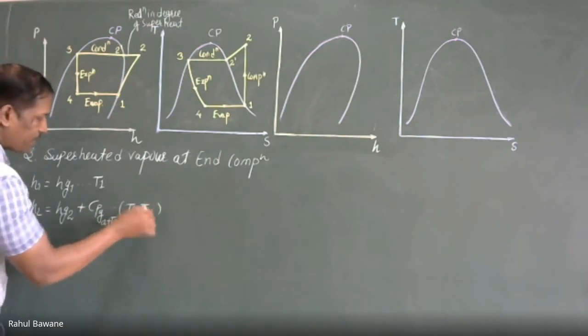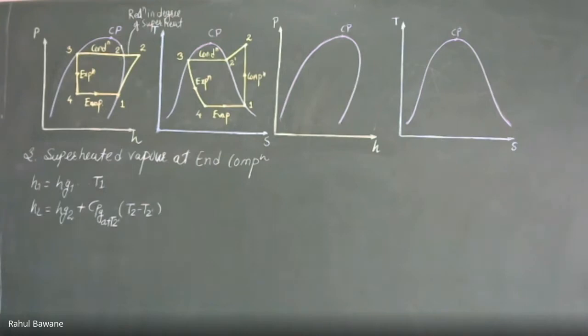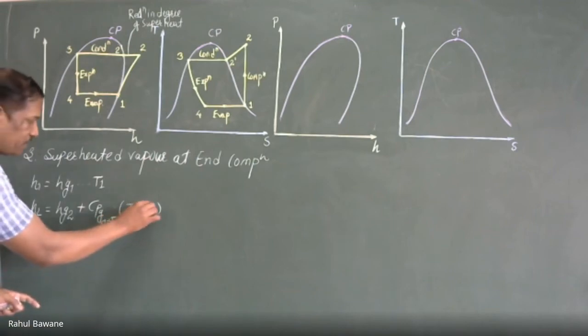Always remember, higher minus lower. So enthalpy at superheated condition 2 will be Hg2 plus Cpg, taken on this curve at a temperature of T2 dash, multiplied by T2 minus T2 dash.